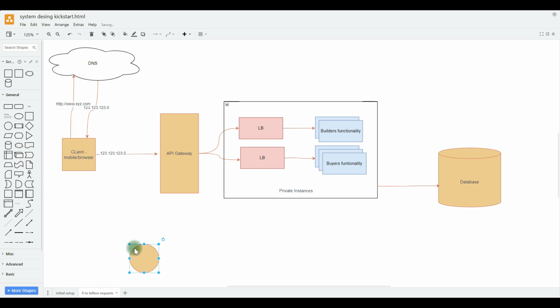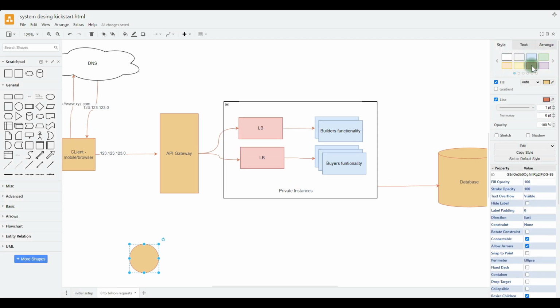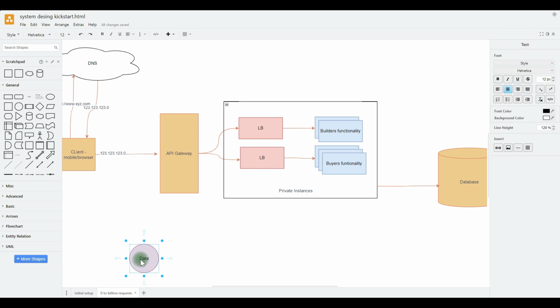So when we talk about the structure of the database, let's talk about the data part, like what sort of data that we have.